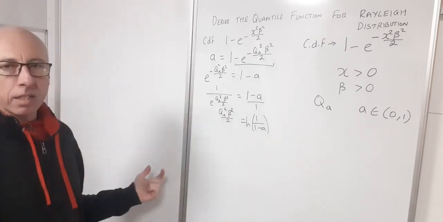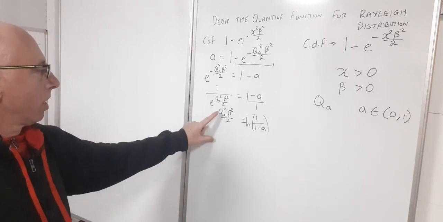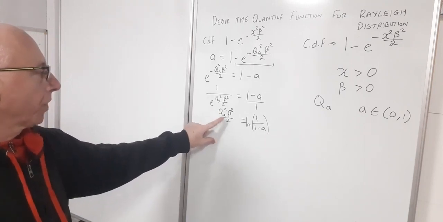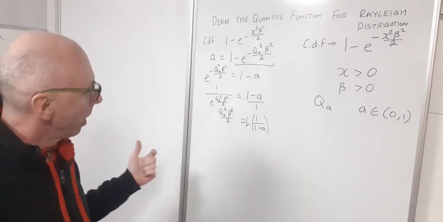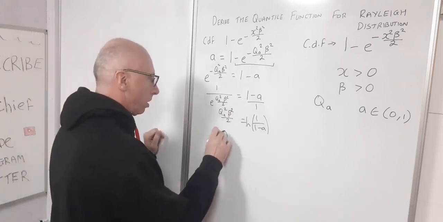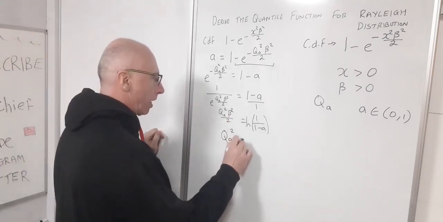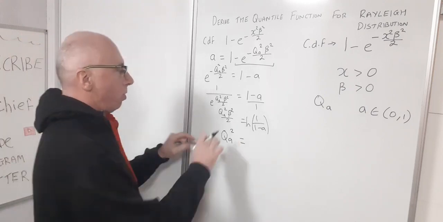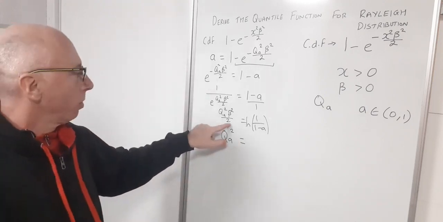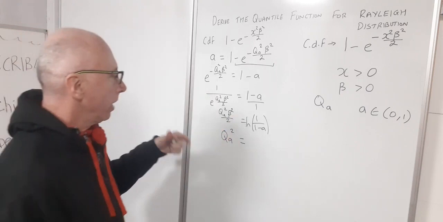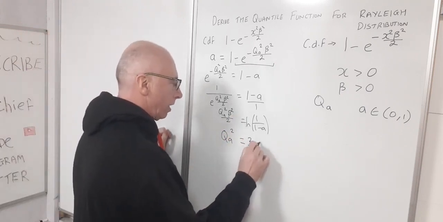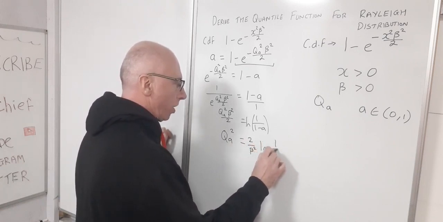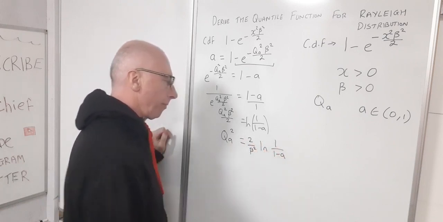So that's basically taking the natural log on both sides. So now for my quantile function here, I just need to get this beta squared over 2 over to this side, and then we've got the Q of A on its own. So now I've got my quantile function squared equals, well, if I multiply both sides by 2 and divide by my beta squared, I'll basically have 2 over beta squared, natural log of 1 over 1 minus A.